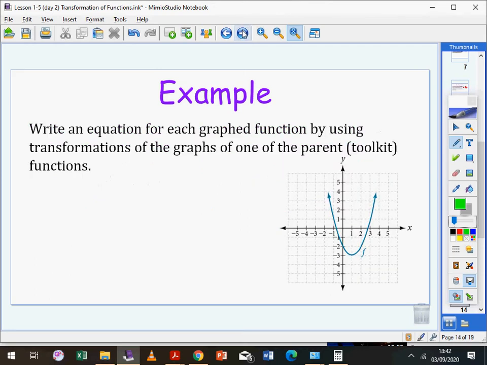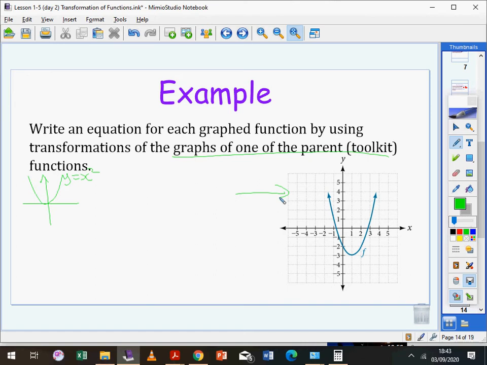An example is here. I have a parent graph. Now, the parent graphs are the ones on page 5 of your workbook. They are the mothers or fathers of all of these other graphs. So, the parent graph from which this graph that I see here came from is y equals x squared. Now, things were done to that parent graph so that it became what I see on the grid.